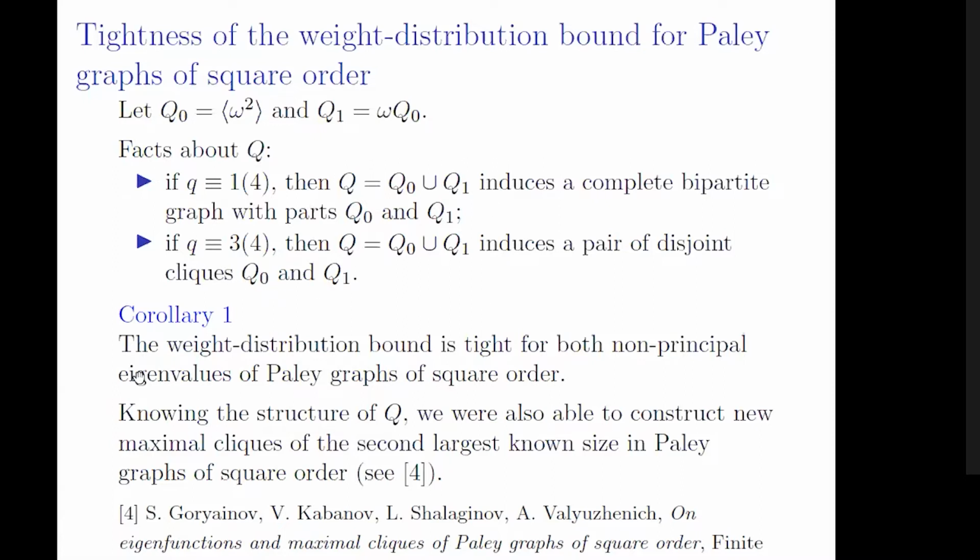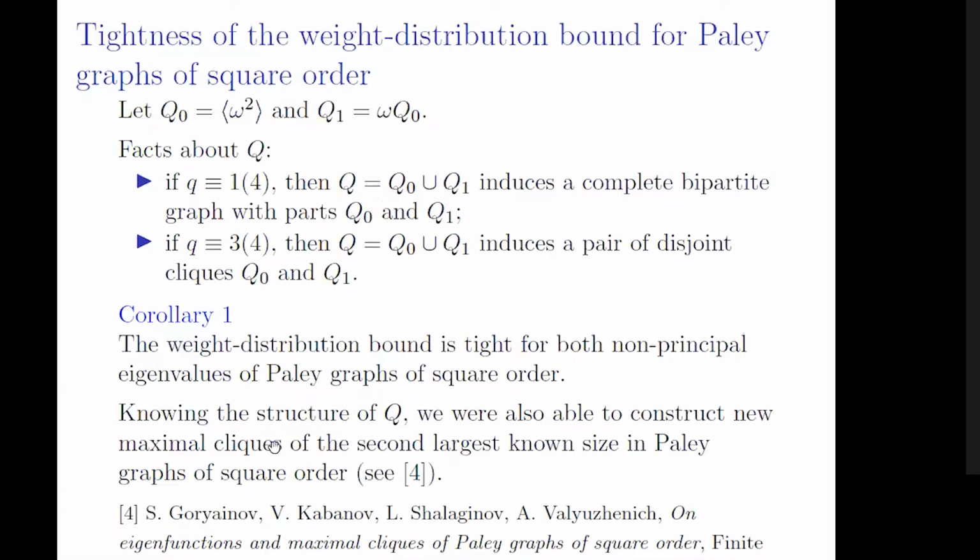So it means that we have found an embedding of certain subgraphs. So the weight distribution bound is tight for both non-principal eigenvalues of Paley graphs of square order.